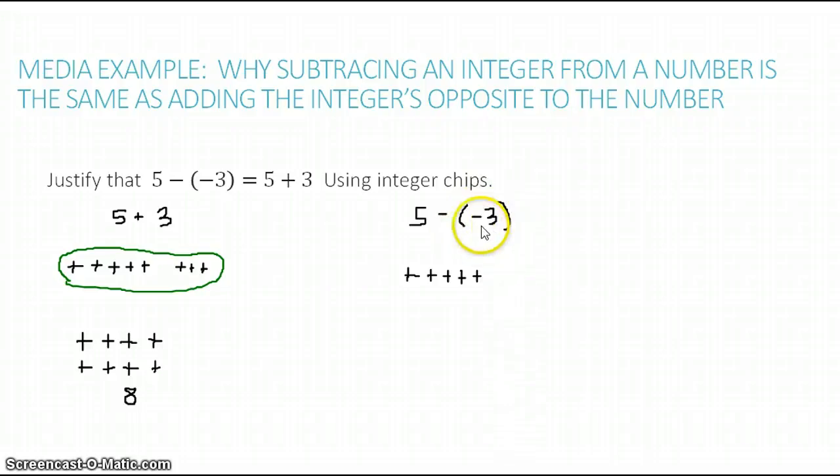We didn't have any negative chips to take away, so we decided to add 3 positive and negative pairs. So adding these 3 positive and negative pairs doesn't change the value of 5. And now we have 3 negative chips that we can take away.